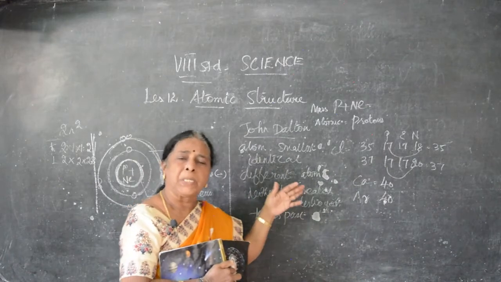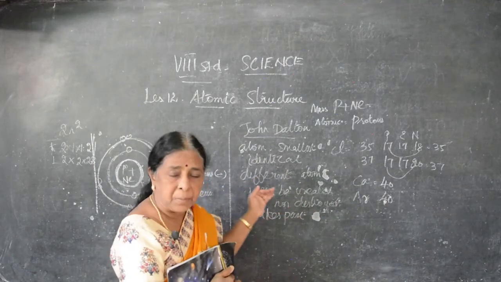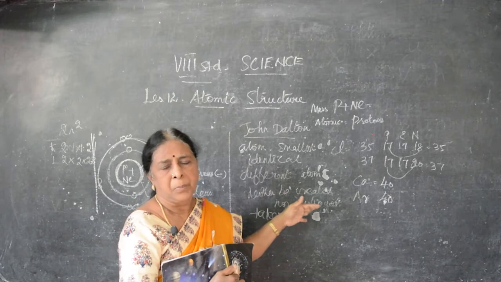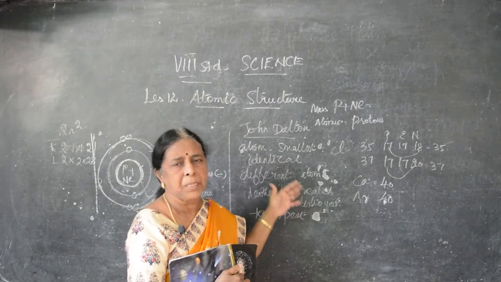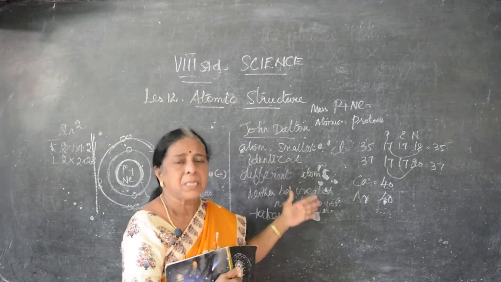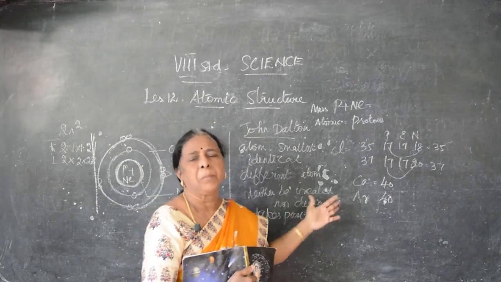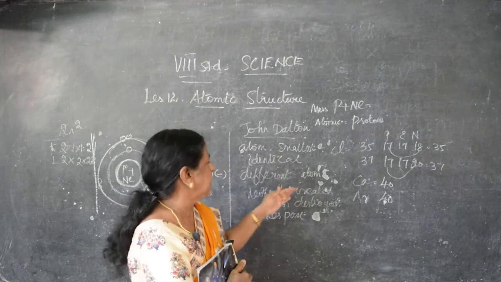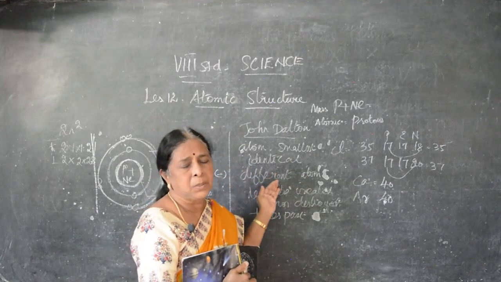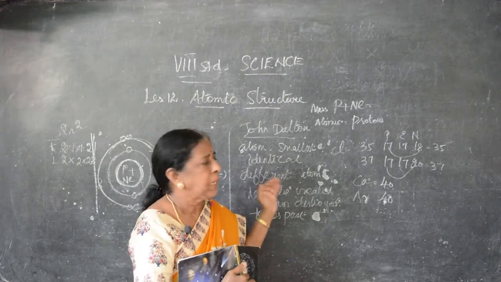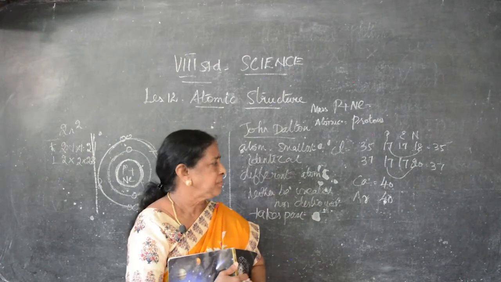Though they are different elements, as per his statement different atoms have different properties and different atomic and mass numbers. Here, calcium and argon are different atoms, but they have the same mass number. So in this concern also, John Dalton's theory is not applicable. It becomes wrong.